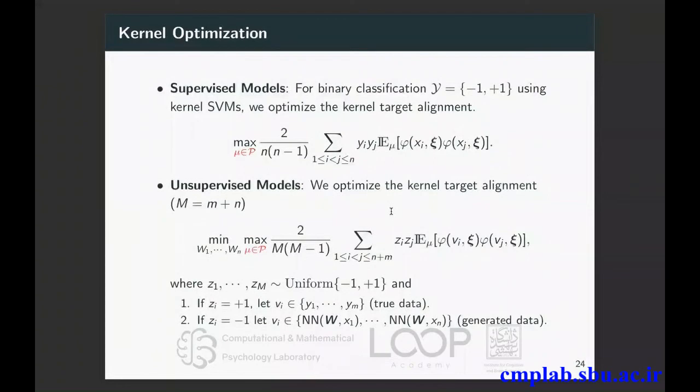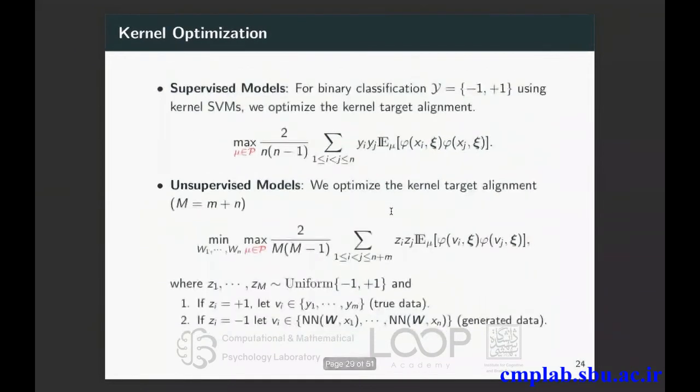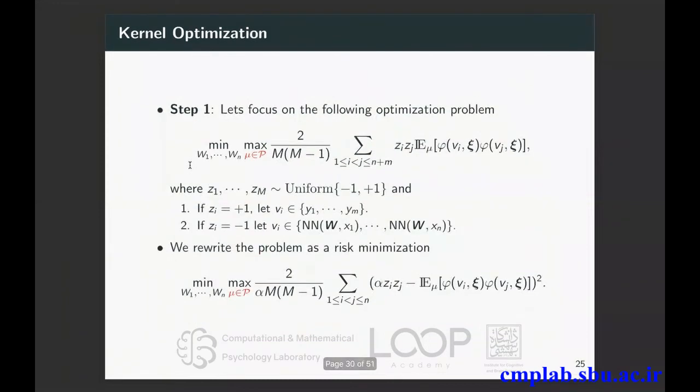Before I go on with the Monte-Carlo sampling, I just want to mention that both in the supervised model and the unsupervised model, I can simplify these loss functions and get a more compressed form of optimization, where you optimize over a distribution. These optimizations are known as kernel target alignment in machine learning.